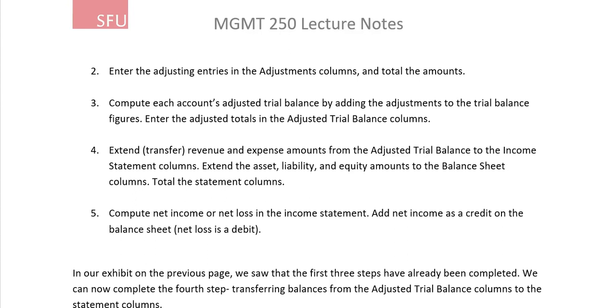And if you end up with a stronger credit, which means a credit balance, at the bottom, it's a net profit, and it gets added as a credit to the balance sheet. If you end up with a debit balance, it's a net loss, which gets added as a debit on the balance sheet.